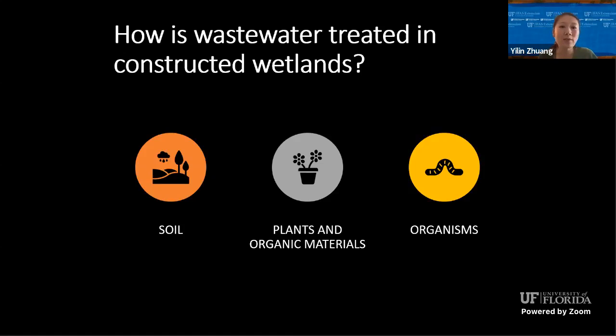Organisms that live in water, on rock, or in soil, and on stems and roots of wetland plants use these organic materials and nutrients as food. Plants provide much of the oxygen needed by the organisms to live and grow. Plant roots keep the rocks or soil loose so water can flow through easily.